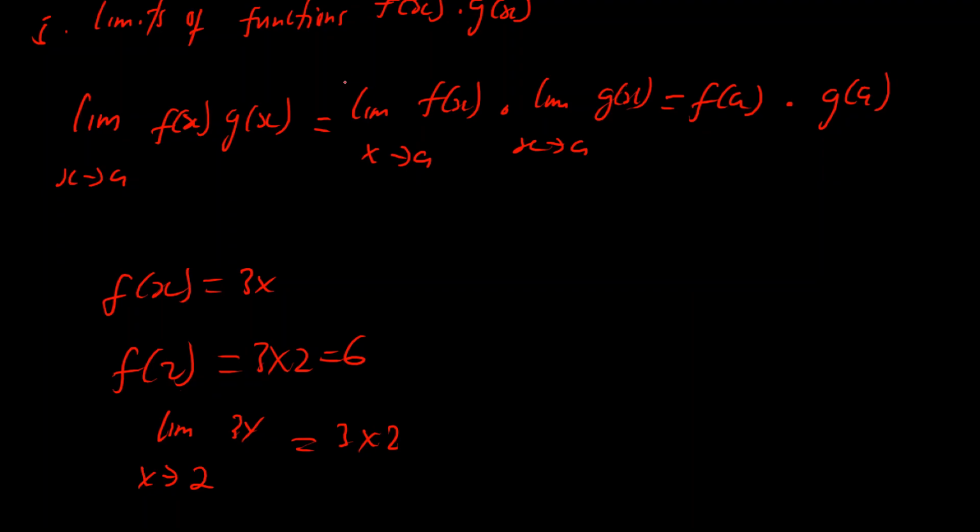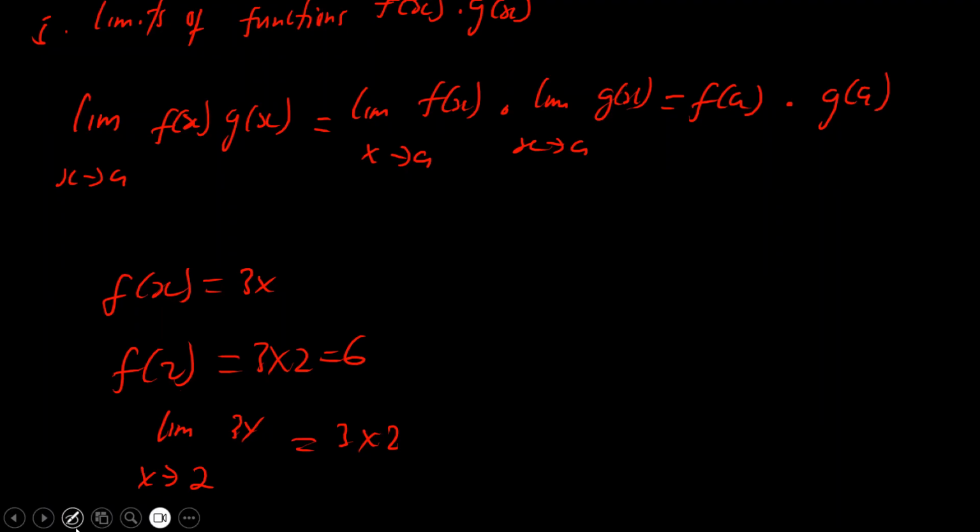So now, if you consider this side, the limit of f of x as x approaches a is basically finding f of a. And then times the limit of g of x as x approaches a, which is basically finding the image g of a. And so we have f of a times g of a as the answer.